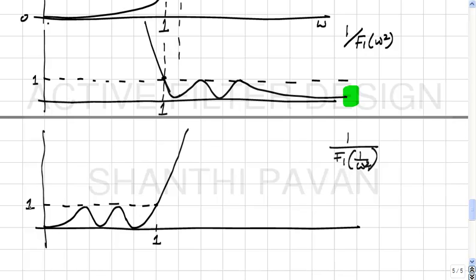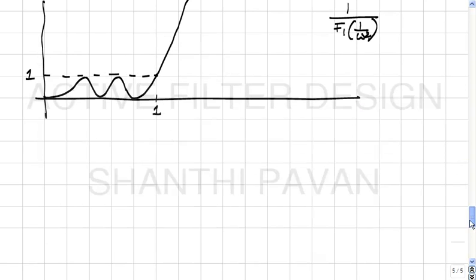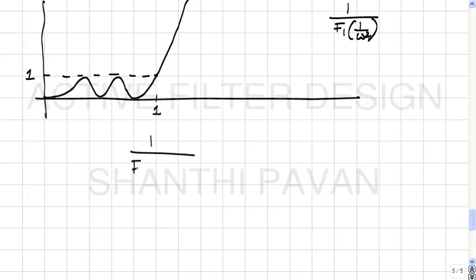And what is this? So in other words, 1 by f1 of 1 by omega square is, what might that n be in this particular example? 5. Correct? So C5 of, in general, Cn of omega the whole square.